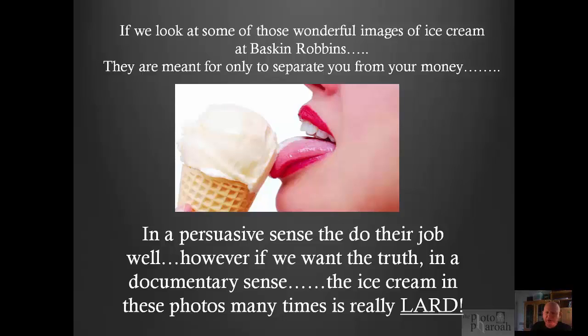But in a documentary sense, if you're a photographer and you're looking at how these photographs are actually obtained, you realize that many times the ice cream that you are seeing is not really ice cream at all, but believe it or not, it is frozen lard. Yes, it looks just like ice cream, and that is what they use. Not all the time, but most of the time. That's how you photograph ice cream, by not really photographing ice cream.